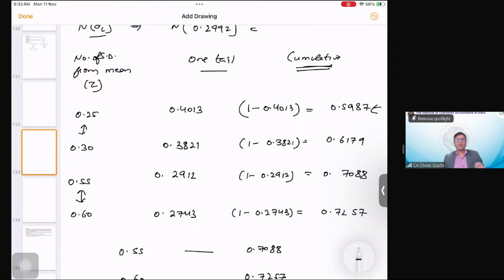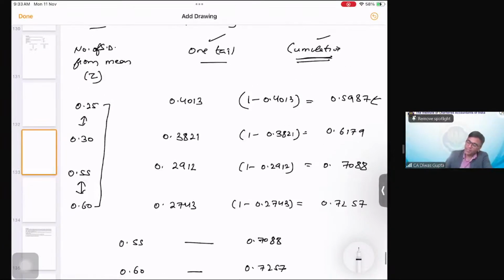One tail means only towards the left or only towards the right. So for whatever four values we were given, we converted from one tail to cumulative. How did we convert that? We just take 1 minus the one tail, and it becomes the cumulative one. This applies to the first, second, third, and fourth values, all four put together.